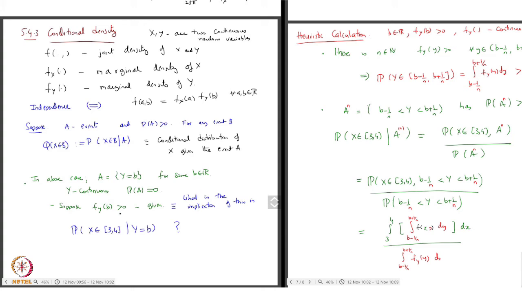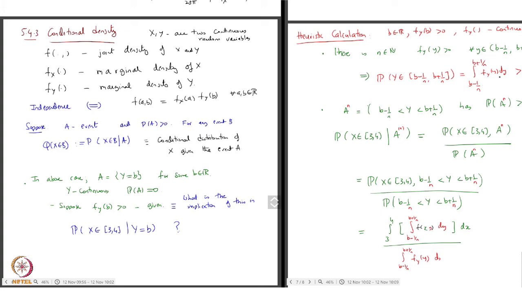So what you do is you first use calculus. You observe that if f sub y at b is positive and f sub y is continuous, then you can find an interval around b for which f sub y is strictly positive. Once you do that, you know the chance of y in this interval is the same as the integral of f sub y on the interval, and that's going to be positive because the function is strictly positive inside of it.